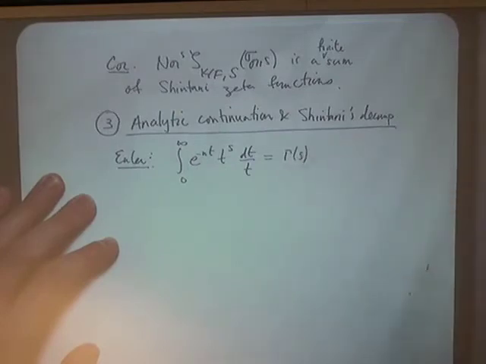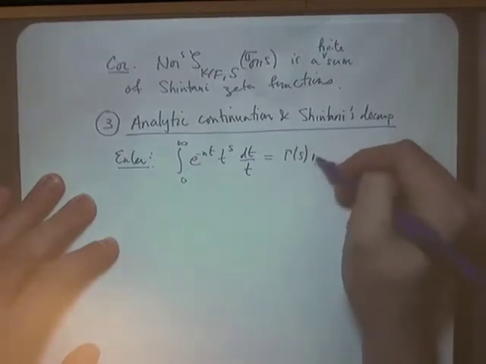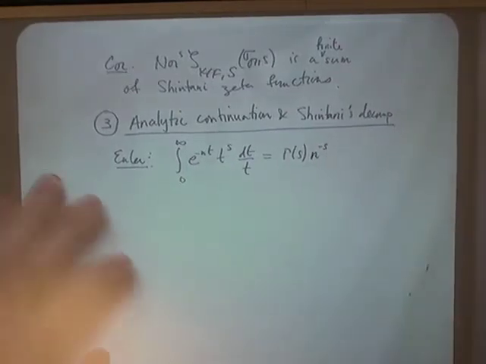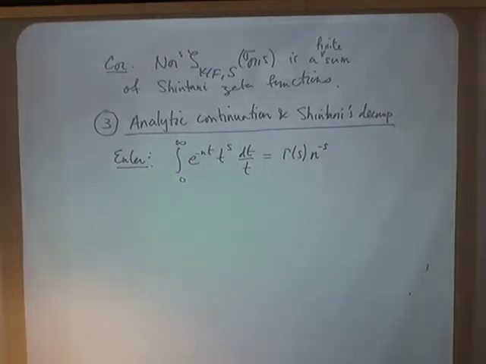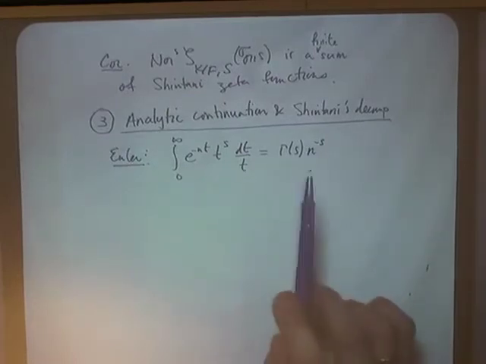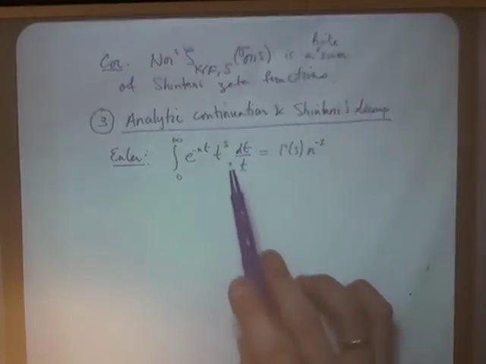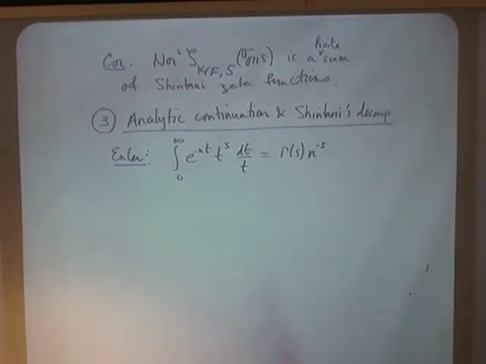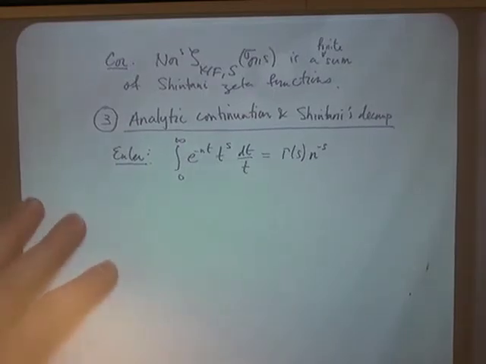Well, this is a gamma integral essentially, but the change of variable will cause an n to the minus s to come out of this. And if you sum now over n, you'll get gamma of s times the Riemann zeta function on the right-hand side, and you'll get the integral of some geometric series inside that integral. And that's the start of Riemann's second proof of the analytic continuation of zeta.